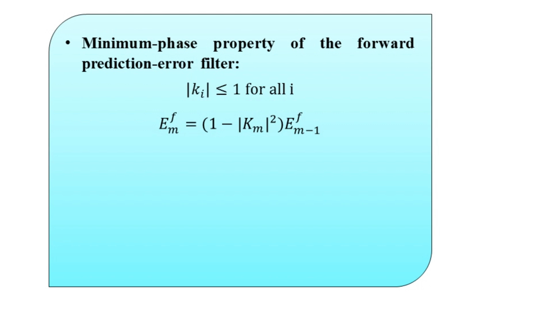So the above condition, where the magnitude of the reflection coefficient is always less than or equal to 1, and this new equation can be used to show that the zeros of the prediction error filter are either all inside the unit circle or all on the unit circle.